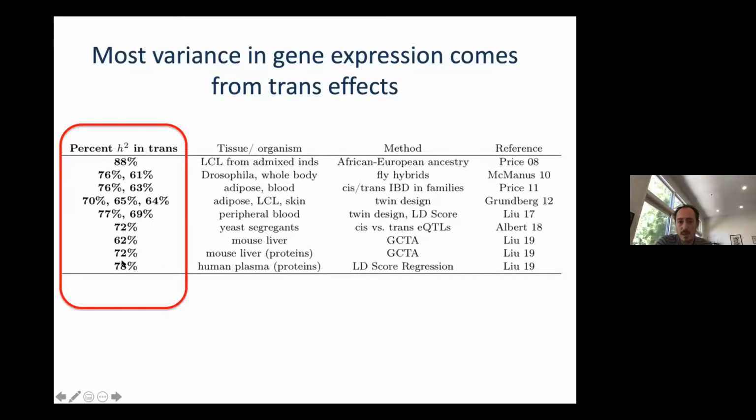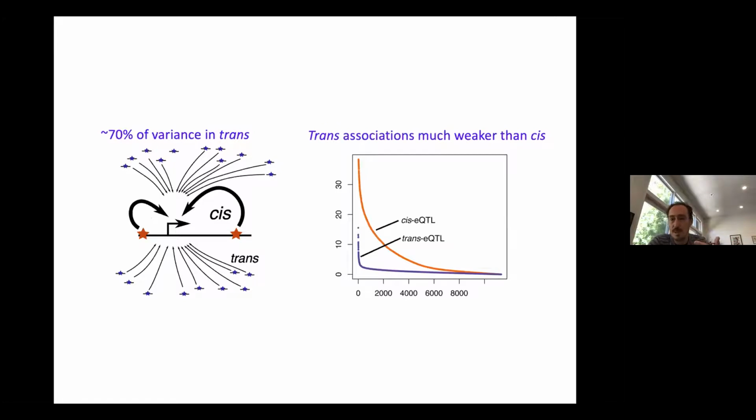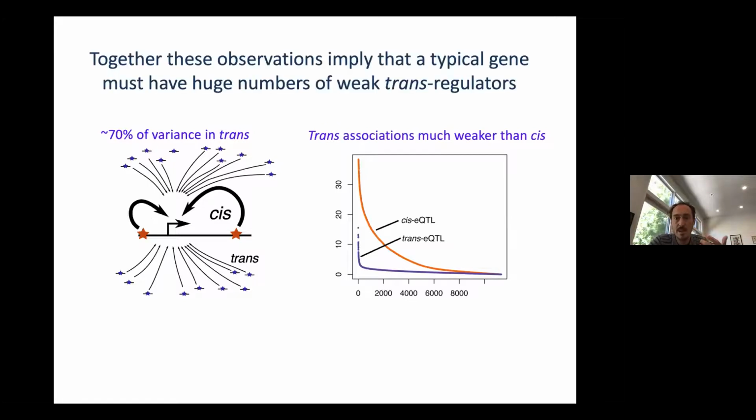And what they find is that, although there's some variation among studies, roughly 70% of the variance in gene expression for typical genes comes through trans effects. So we know now that a huge amount of expression variance comes from trans effects, and yet trans associations tend to be very, very weak. And this implies that a typical gene must have enormous numbers of very weak trans regulators.